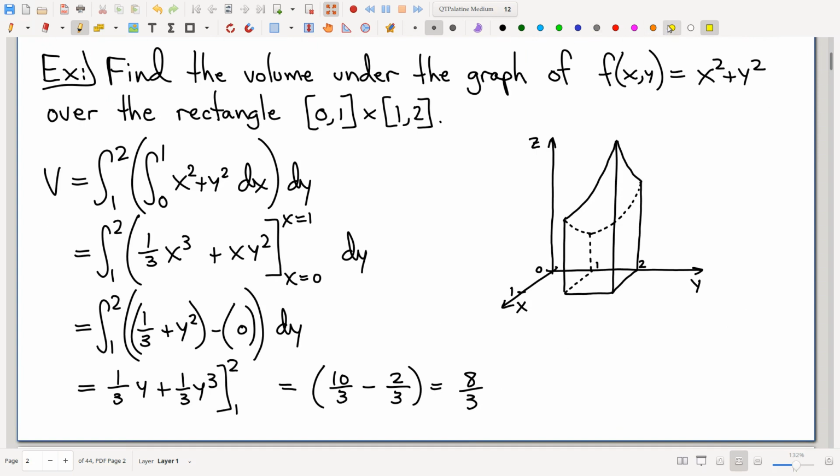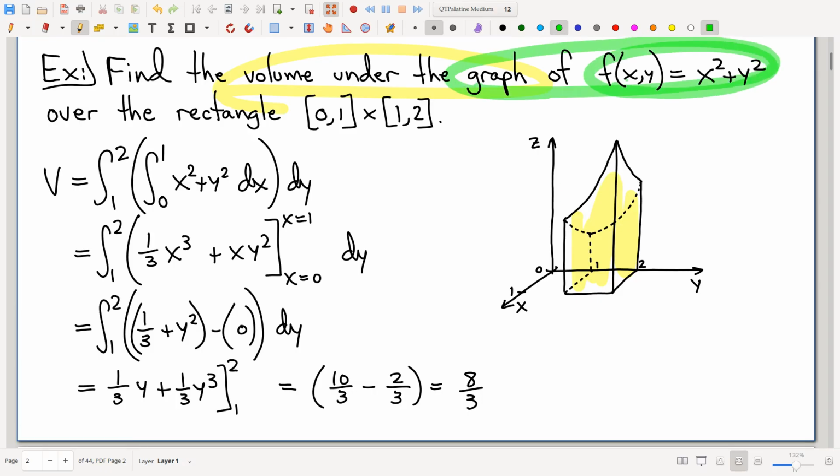Okay, let's do an example. We want to compute here volume under the graph. Right? Graph of this particular function there. I should circle all of that in green. There's my surface under which I want to compute the volume, sitting over a rectangle. I'll come back and talk about that notation in just a second. So we recognize the situation here.